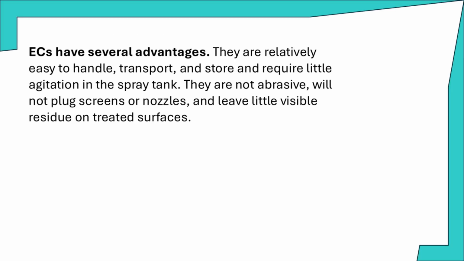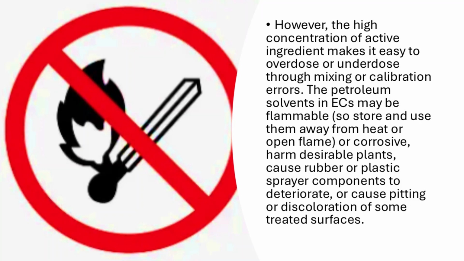ECs have several advantages. They are relatively easy to handle, transport, and store, and require little agitation in the spray tank. They are not abrasive, will not plug screens or nozzles, and leave little visible residue on treated surfaces. However, the high concentration of active ingredient makes it easy to overdose or underdose through mixing or calibration errors.